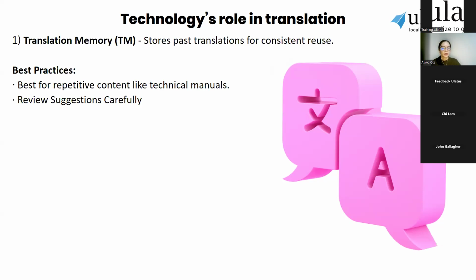So why is translation memory helpful? It stores past translations to be used consistently. It's essential to review suggestions in context to avoid inappropriate matches. Imagine, for example, translating a user manual for a software product with multiple chapters describing similar features.